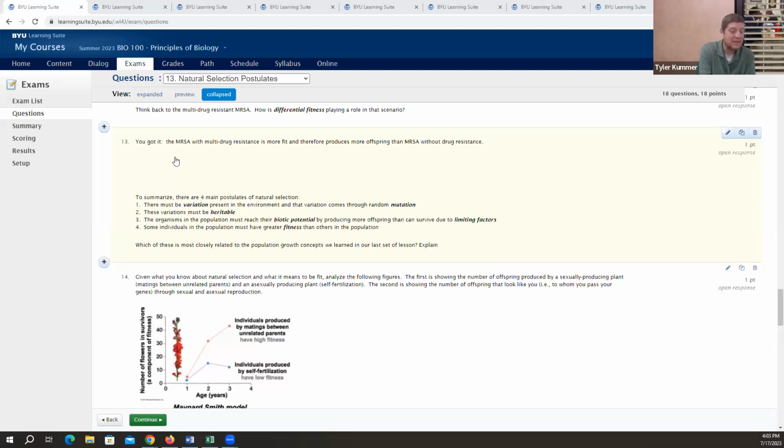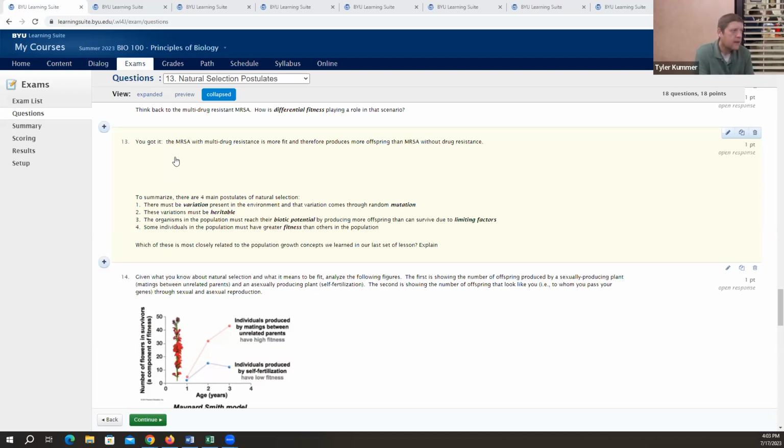We get differences in who lives and who dies, but those differences don't get passed on to offspring, and so we don't get a shift in the population. The idea is that the next generation will be more like those variants that are best able to deal with the limiting factors.